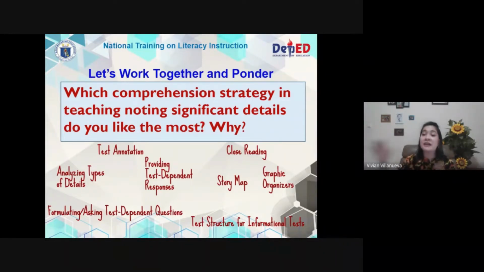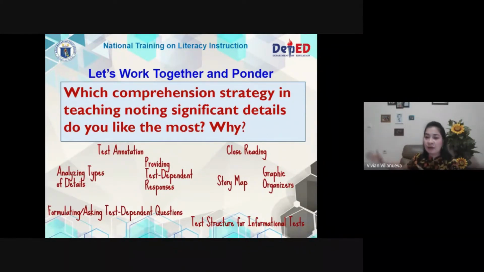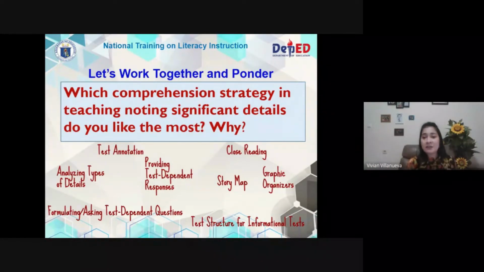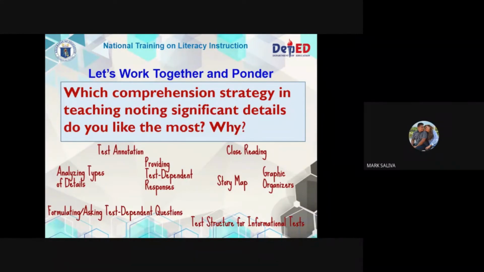You can also use this in other subjects, even in your Bahasa class, even in your mathematics class. So even if you are not English teachers here, these strategies are also helpful for you to scaffold and help your learners.